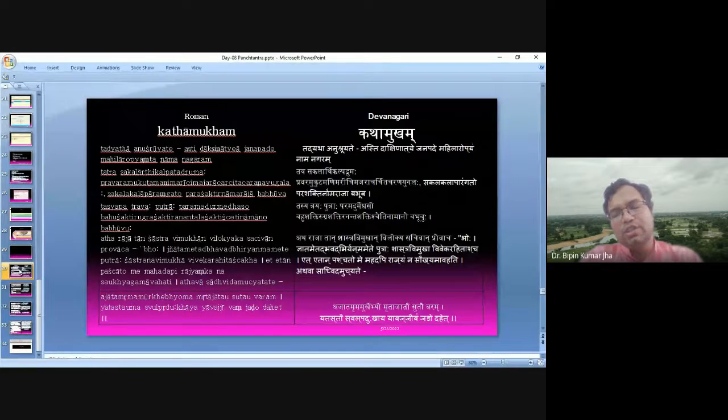There were three sons of that king: Bahushakti, Ugra Sakti, and Ananta Sakti. These are the names of the sons of that king.